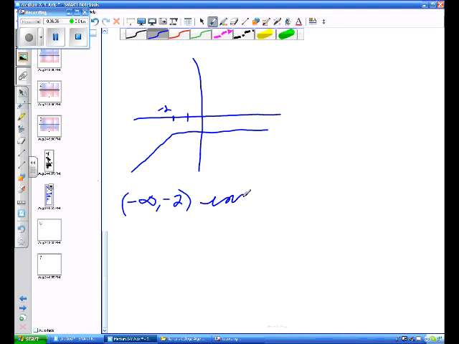It's increasing. From -2 on, then it is constant. So from -2 to +infinity, it's constant.